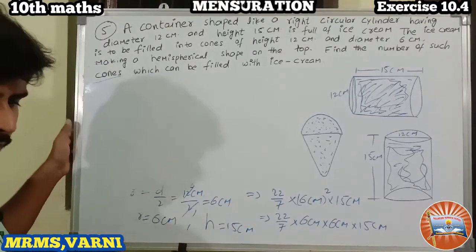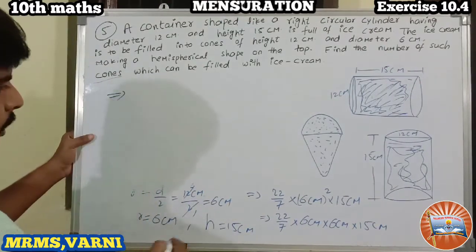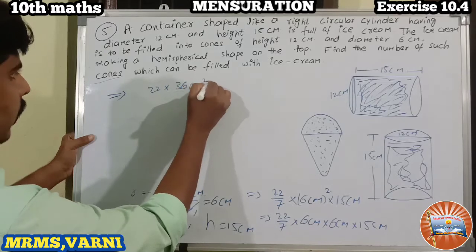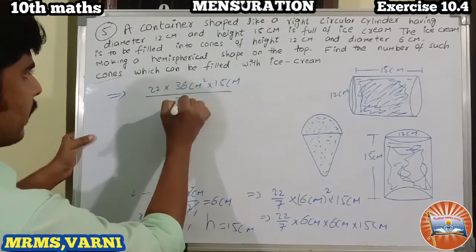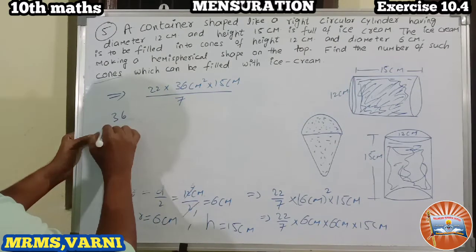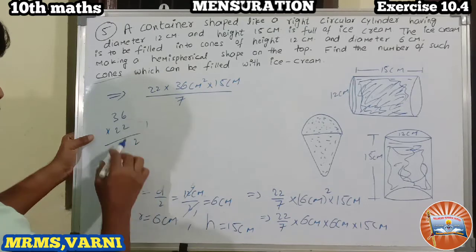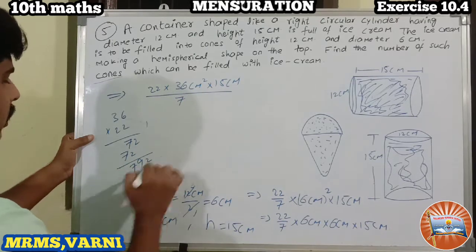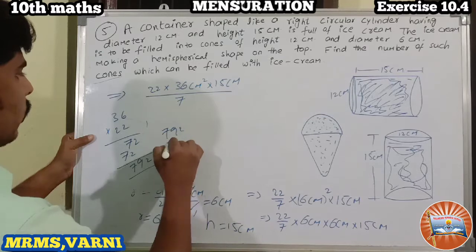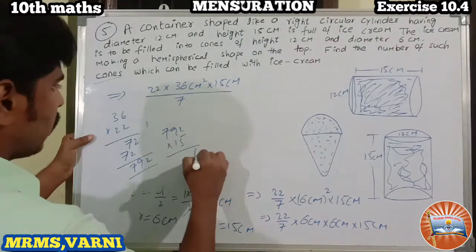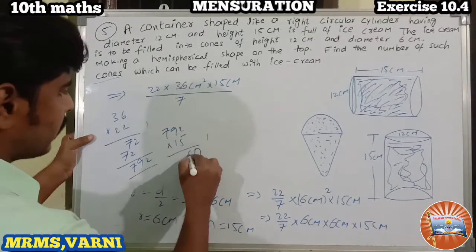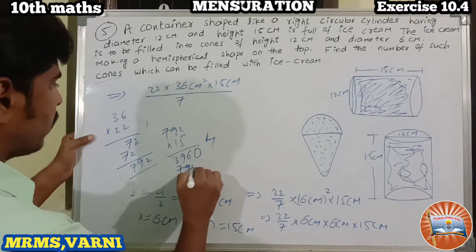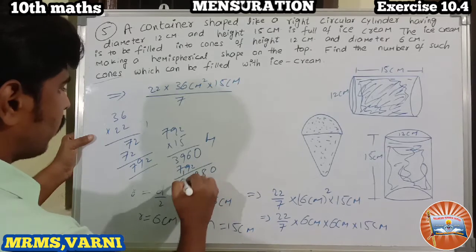So take the multiplication. 22 into 6 into 6 into 15 by 7. 36 into 22 is 792. 792 into 15 is 11880.